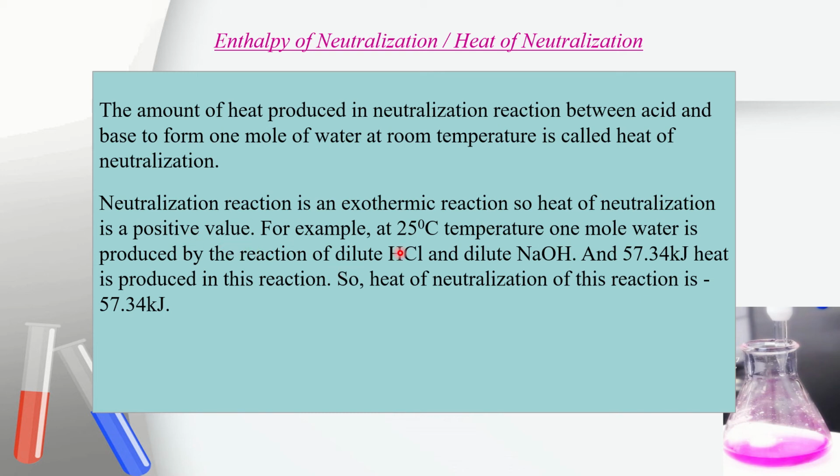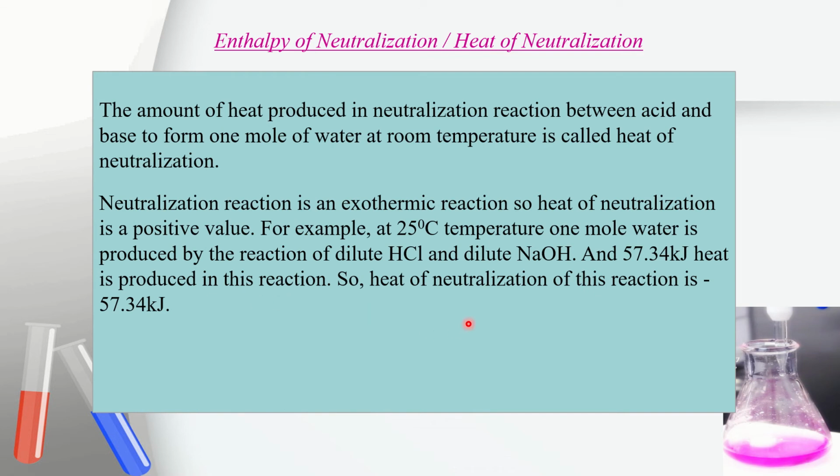For example, at 25 degrees Celsius, 1 mole of water is produced by the reaction of dilute HCl and dilute sodium hydroxide, and 57.34 kilojoule heat is produced in this reaction.